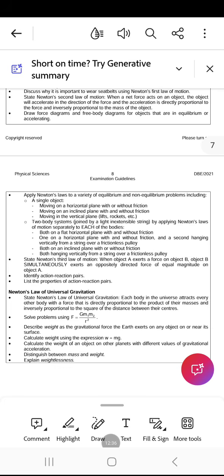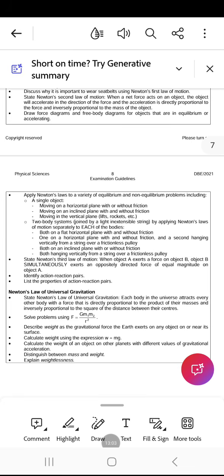But for Newton's second law, the motion must not be at constant velocity, which means the speed of the object must change, or the velocity of the car, it can be any moving object, must change. So it's no longer constant. Whenever there's a change in velocity, we call it acceleration. We are accelerating an object.